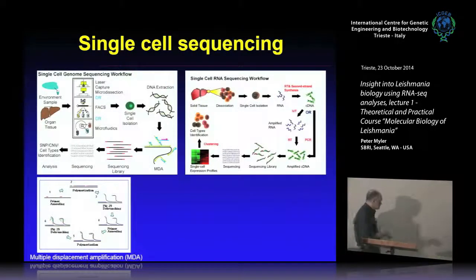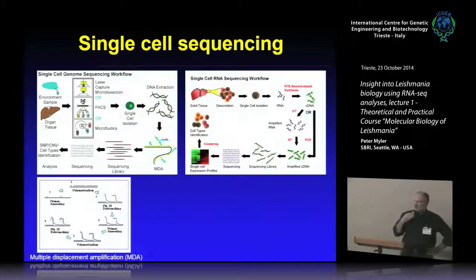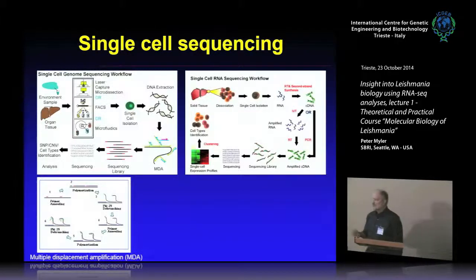I think Jean-Claude Dujardin is probably the furthest along here. I just talked to him earlier this week, and they haven't quite got to that stage yet. They can isolate single cells, but they can't get the amplification step to work accurately enough that they don't end up with a very patchy coverage. That's really going to be the problem for Leishmania, is that the GC richness means that you've got non-random amplification.